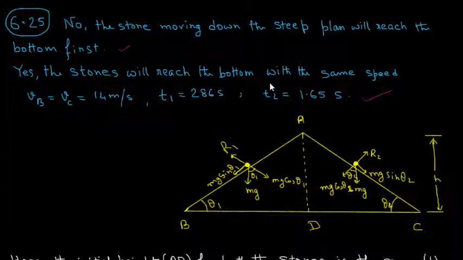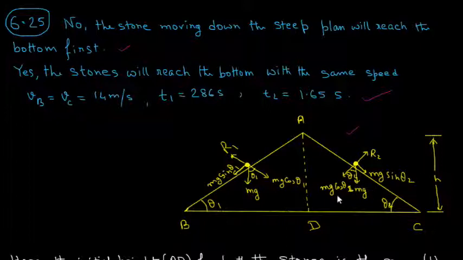So next answer is yes, the stones will reach the bottom with the same speed, that is VB is equal to VC is equal to 14 meter per second. Time will be T1 is equal to 2.86 second, T2 is equal to 1.65 second.